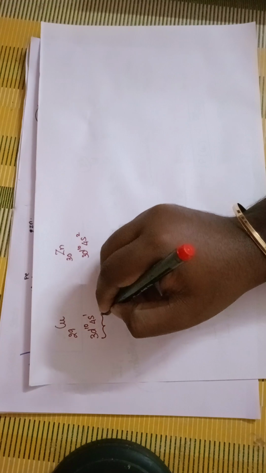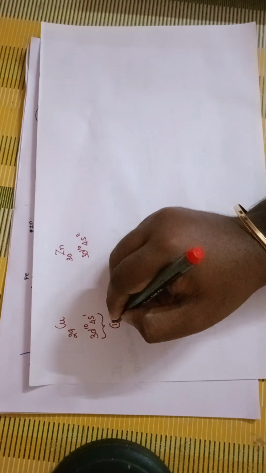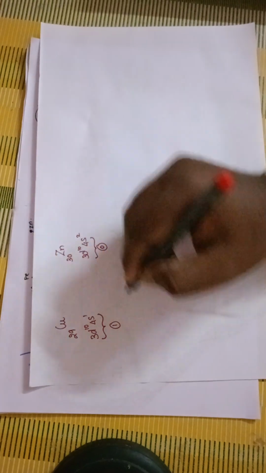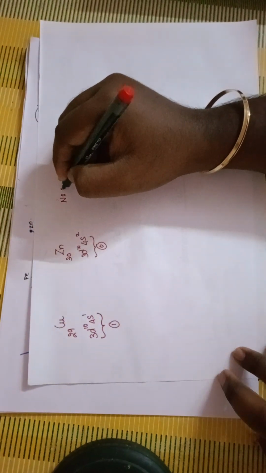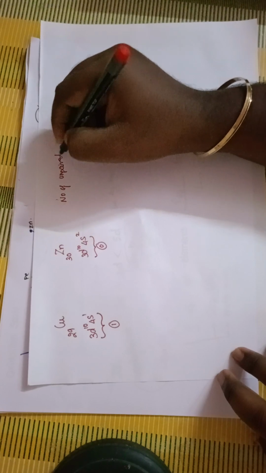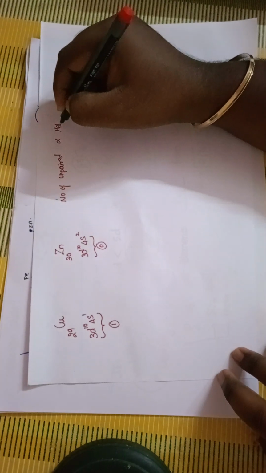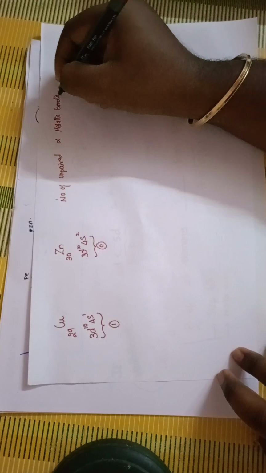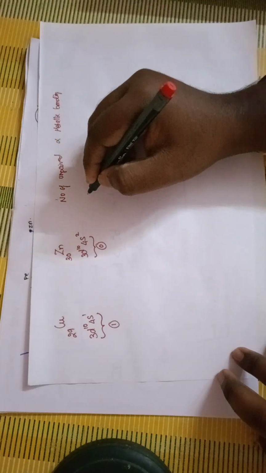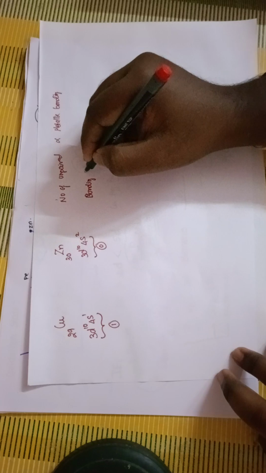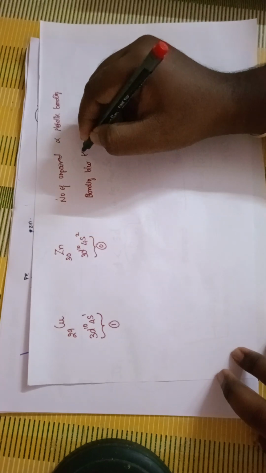The number of unpaired electrons here is 1, and here it is 0. We know very well that the number of unpaired electrons is directly proportional to metallic bonding, the bonding between the atoms, which is a force of attraction.